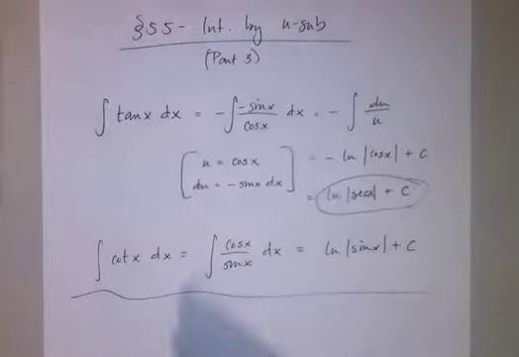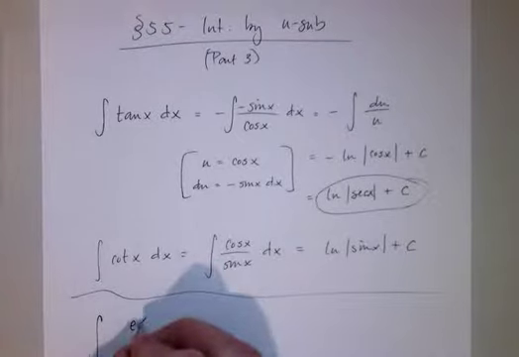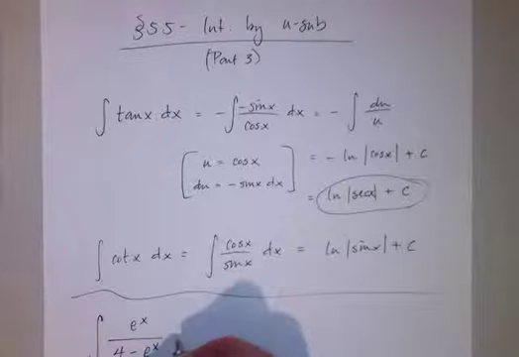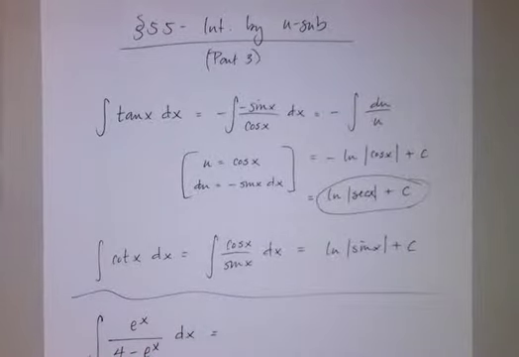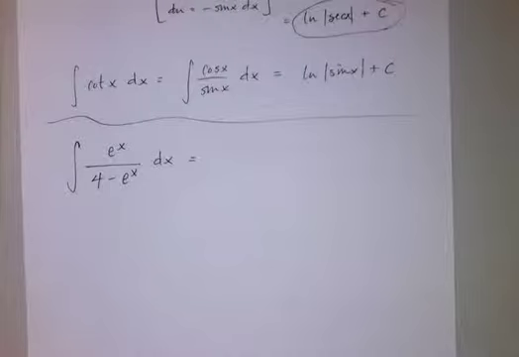Okay, let's look at, oh, that'll be a fun one. I have e to the x over 4 minus e to the x dx. Well, it's rational again. Now, the question is, is this an undoing of the power rule by pulling it apart?